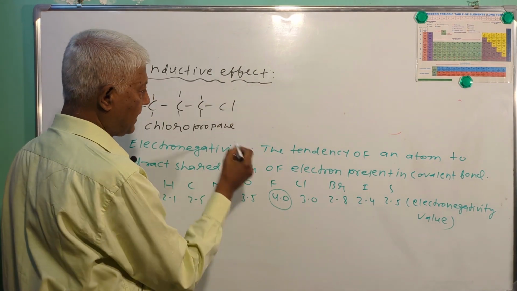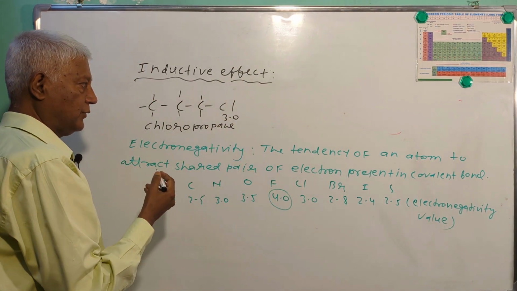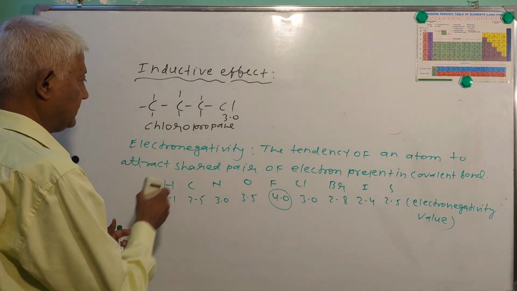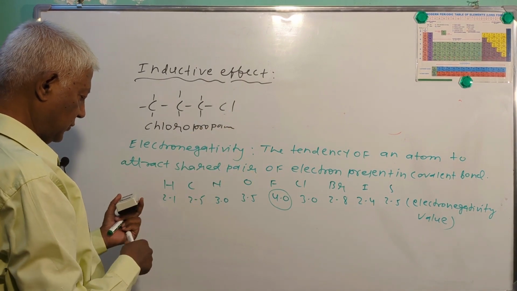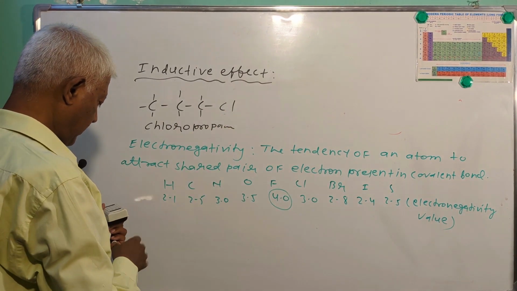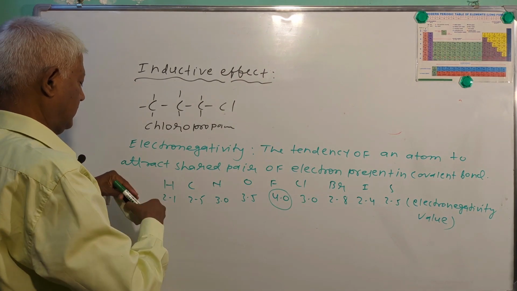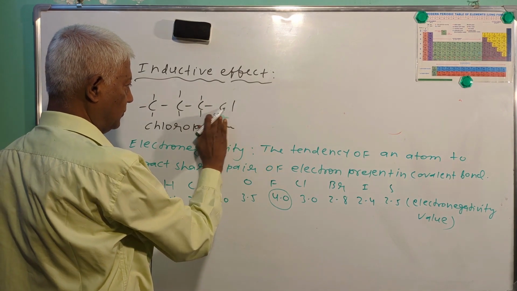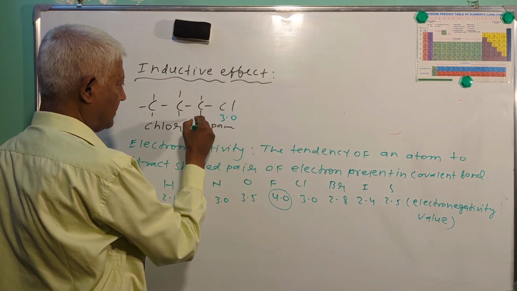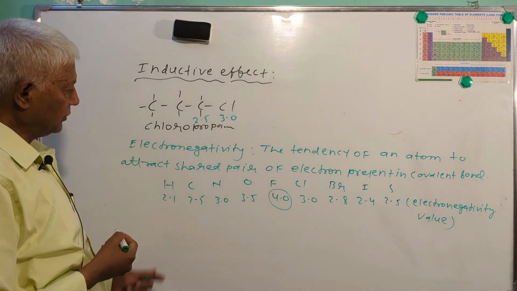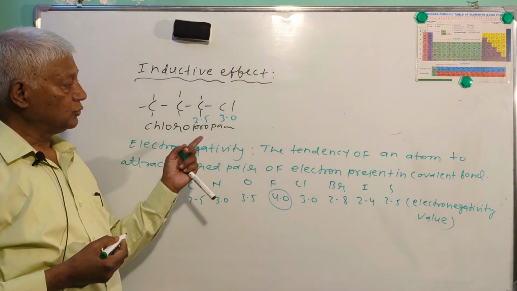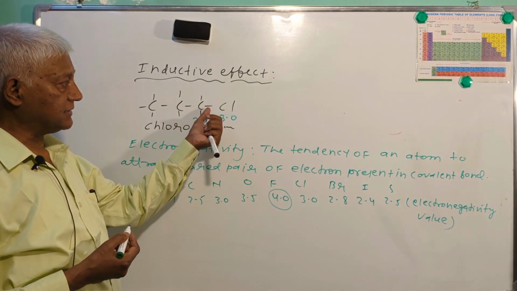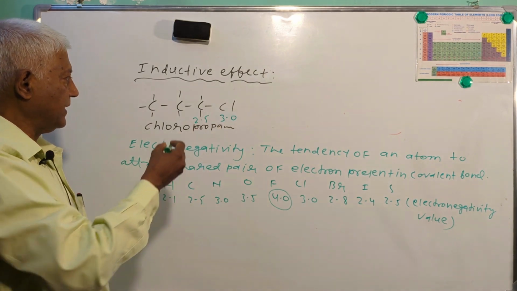We know chlorine has a value of 3.0 and carbon has 2.5. So according to the definition of electronegativity, those elements which have a higher electronegativity value attract the shared pair of electrons.